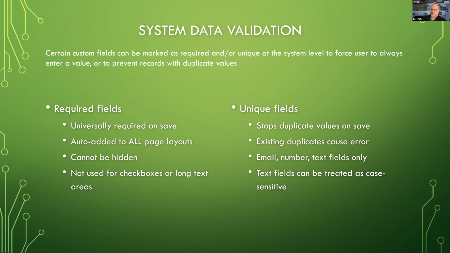So that's what that's referring to, and if that's enabled, and you go to save your record, Salesforce is going to check to make sure that the record you're entering is unique on that field. So then the unique fields are for email, number, and text fields only, and text fields can be treated as case sensitive. Yep, you got it. Cool. Be careful about that. See, I just had to read a little bit further.